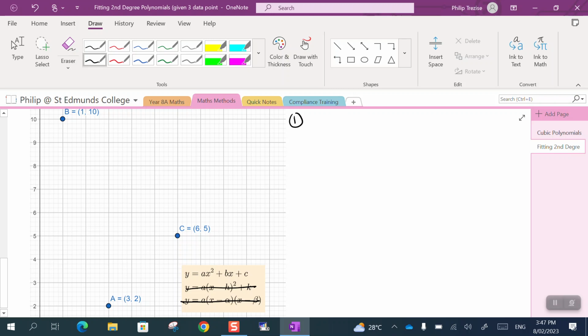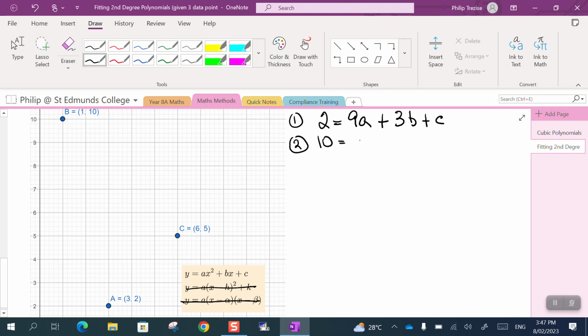So standard form, as it says there, if we start an equation here, let's use point A to begin with. So y equals 2, and then we have a times x squared, where x is 3. So 3 squared, that's 9a, plus b times x, well, that's 3 multiplied by b, plus c. Equation 2, we'll substitute point B. So this time y equals 10, x equals 1.